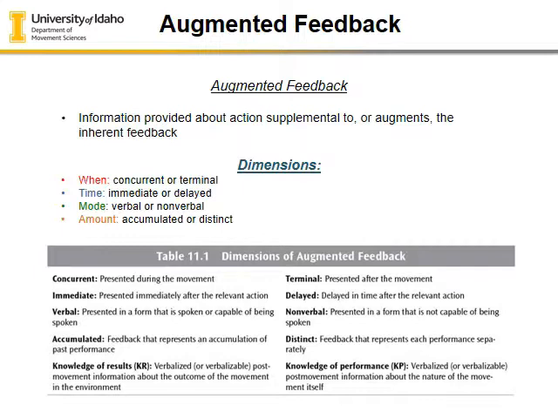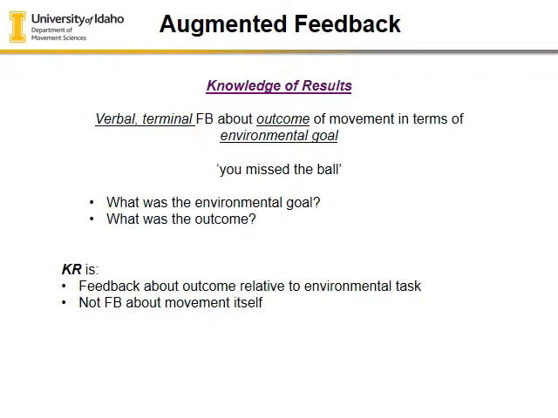Is it verbal or non-verbal? Is this watching the video and nobody saying anything to you, or somebody giving you verbal instructions on what you did? The accumulated is feedback that represents an accumulation of past performance, so a group. And distinct is after individual tasks or trials are completed. Accumulated is also known as summary.